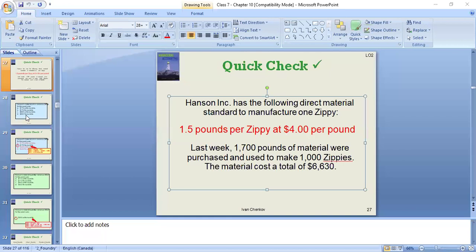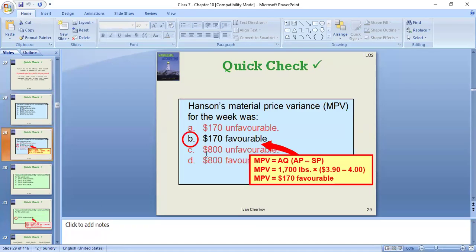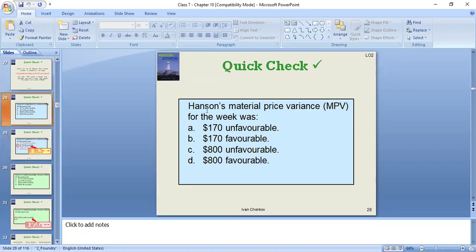And now once we have this information, the first question was, what was the material price variance here? If you remember, the material price variance was 170. That was right here. Let's find it together.